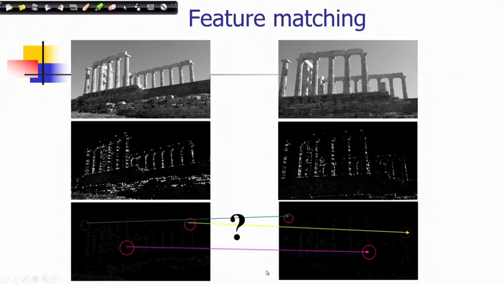We need to find this kind of relationship where a point in the left image corresponds to another point in the right image, and their relation is that they are images of the same point.